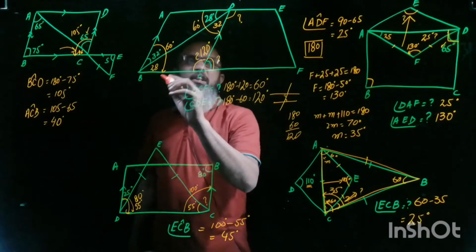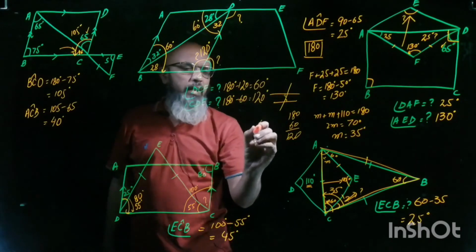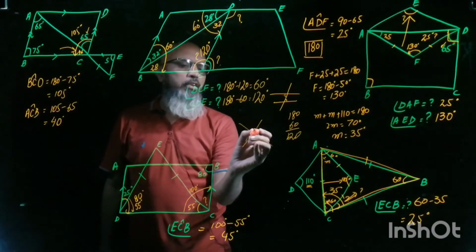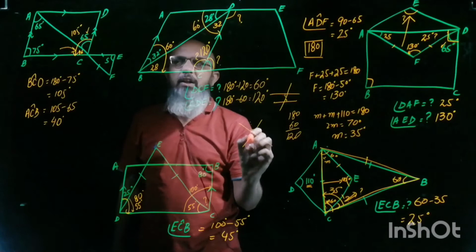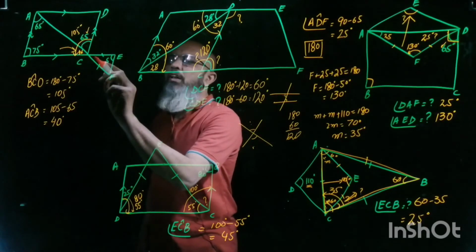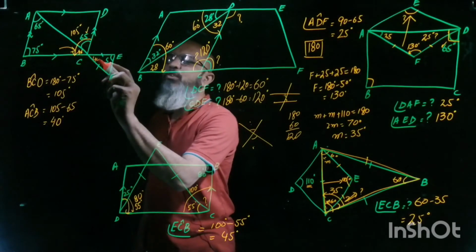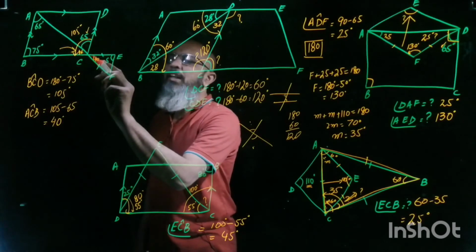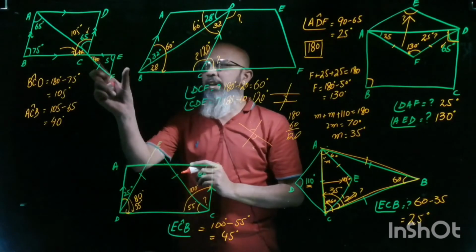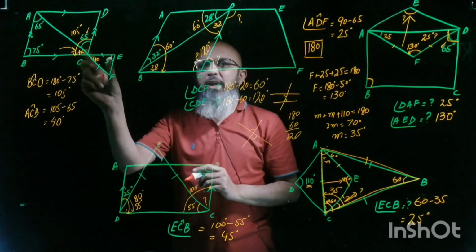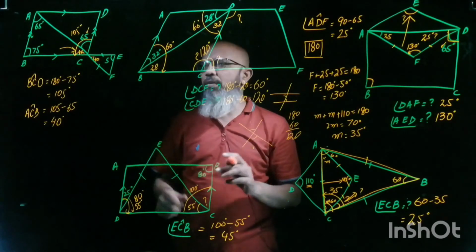Okay, now just look here. These are vertical angles. Vertical opposite angles are equal. So this angle is 40, and this angle is also 40 degrees because these two angles are the same. Am I right? Okay, fine.